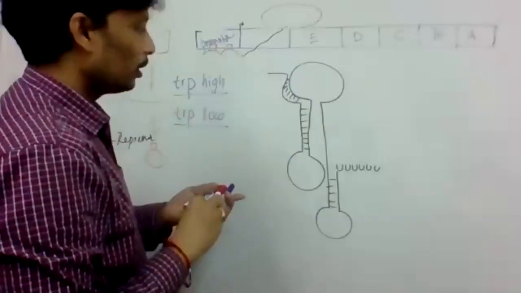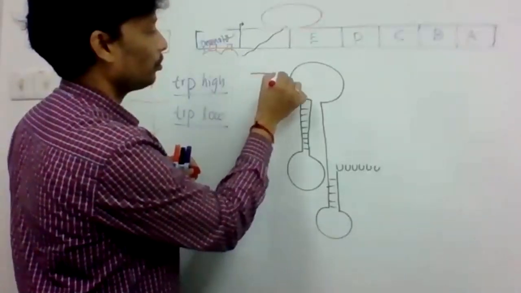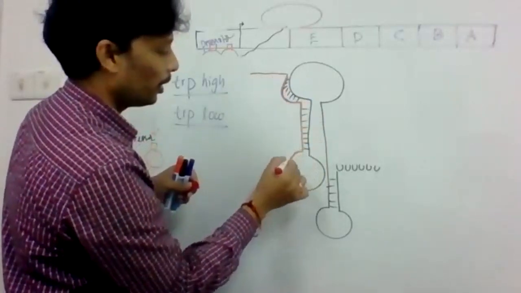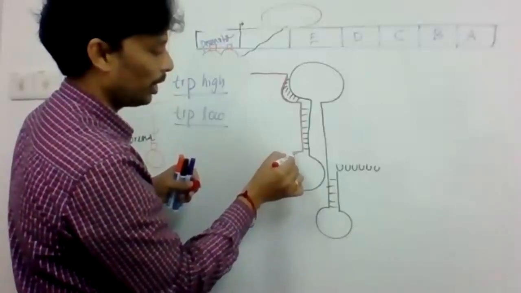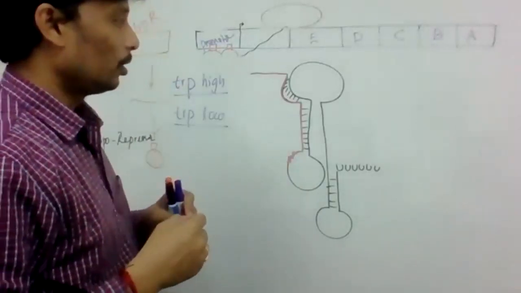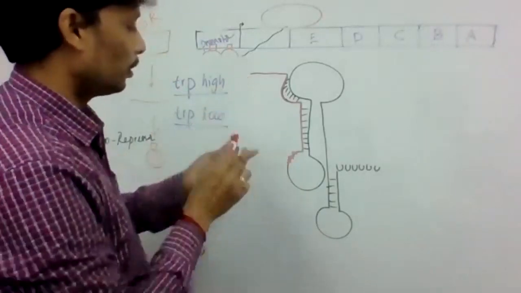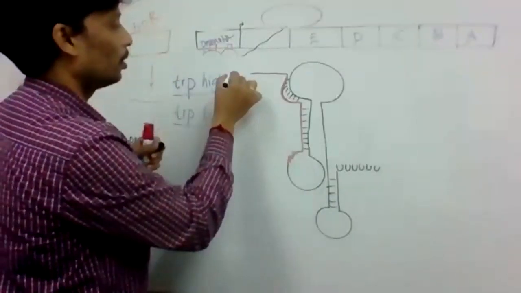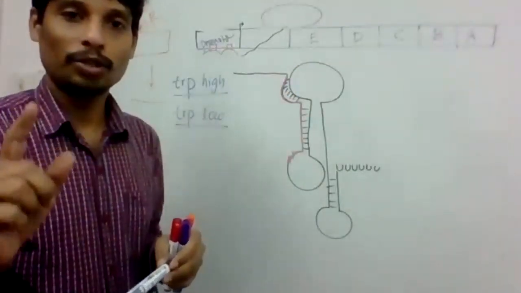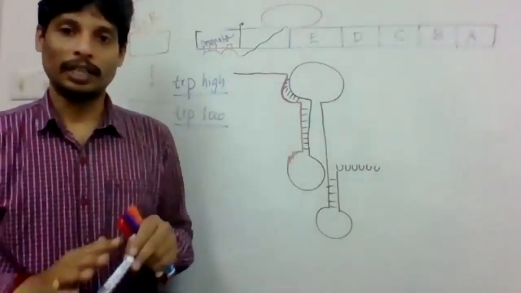And here is an ORF, a small open reading frame, and here the end, UGA, I think. Something like this is there. So when the transcription is still going on in bacteria, as I told you, in bacteria transcription and translation everything occurs in the cytoplasm only.